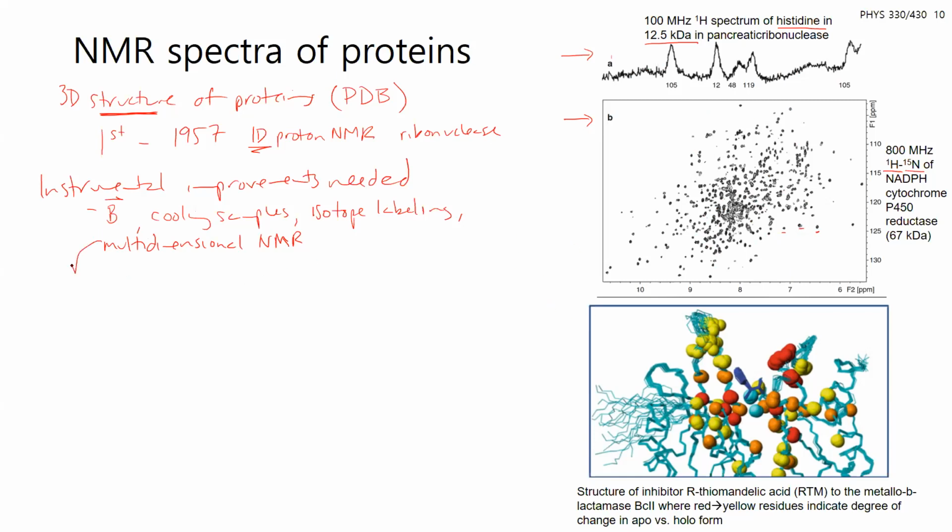And the development of using multidimensional NMR to study proteins was actually, since it is Nobel Prize week, recognized in 2002: the Nobel Prize in Chemistry was 50% awarded to Kurt Wüthrich for being able to look at the 3D structure of proteins using multidimensional NMR. The other 50% went to mass spectrometry, which I mentioned we'll discuss later in the semester.